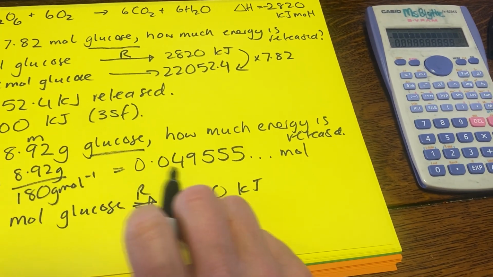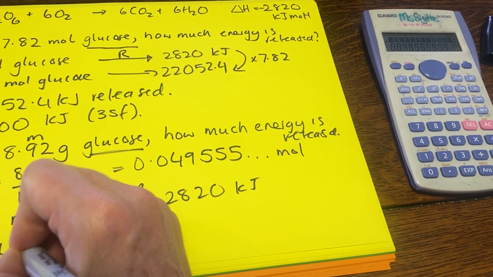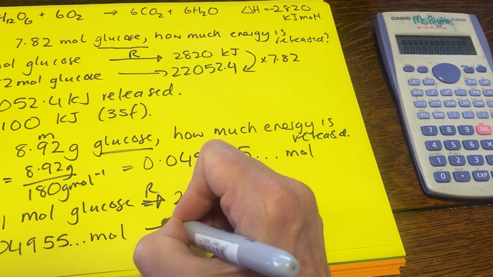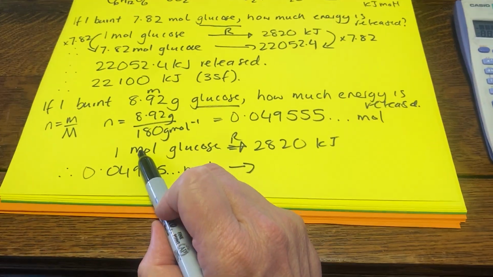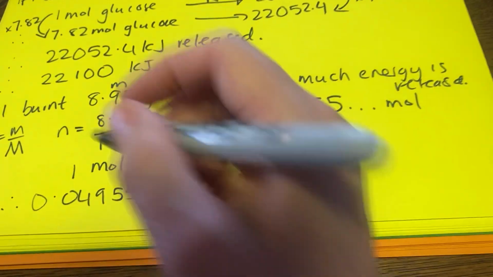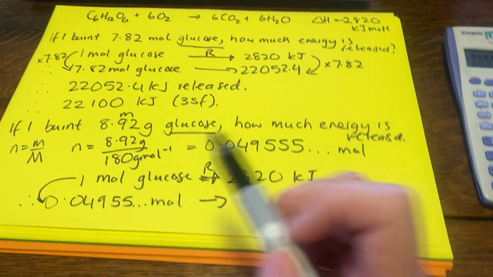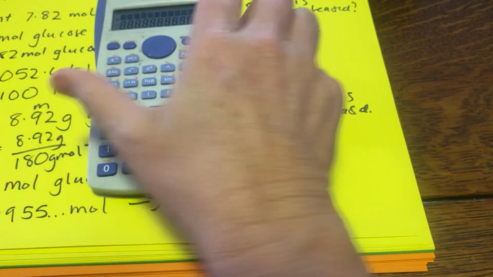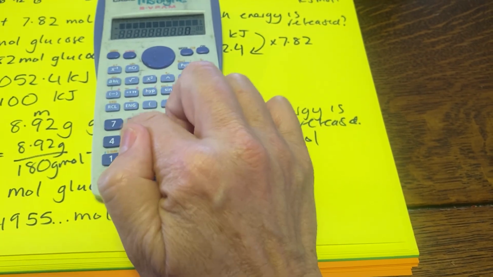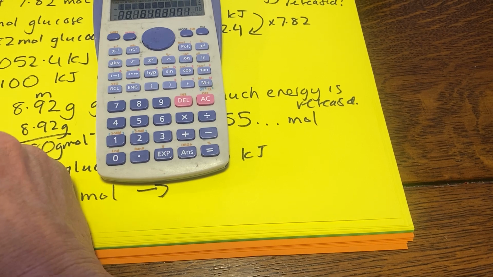And I have only got 0.04955 blah blah blah moles of glucose. So this is quite a bit smaller than 1. So I know I've had to divide it by something. So I need to find out, what did I divide 1 by to get to 0.04955? So let's go 1 divided by 0.04955 equals, I had to divide it by 20.18.